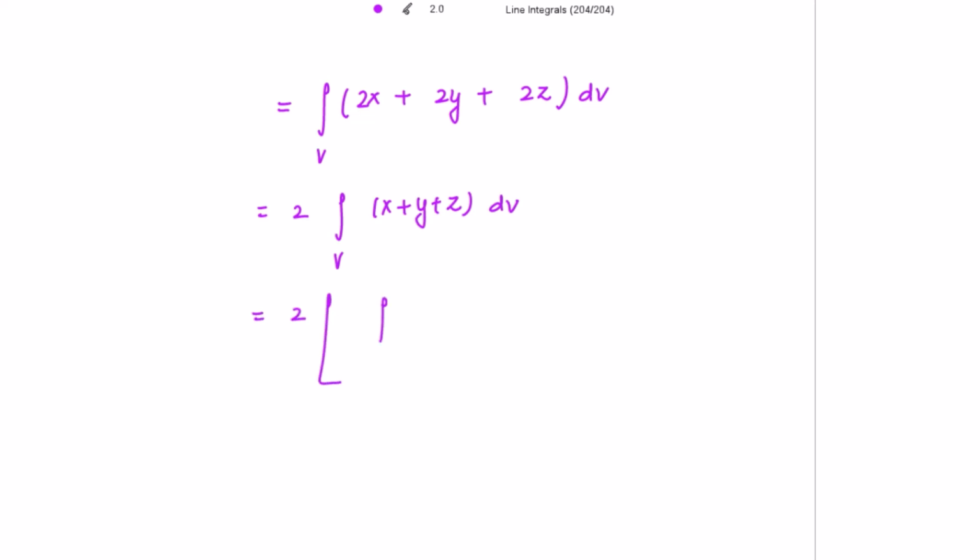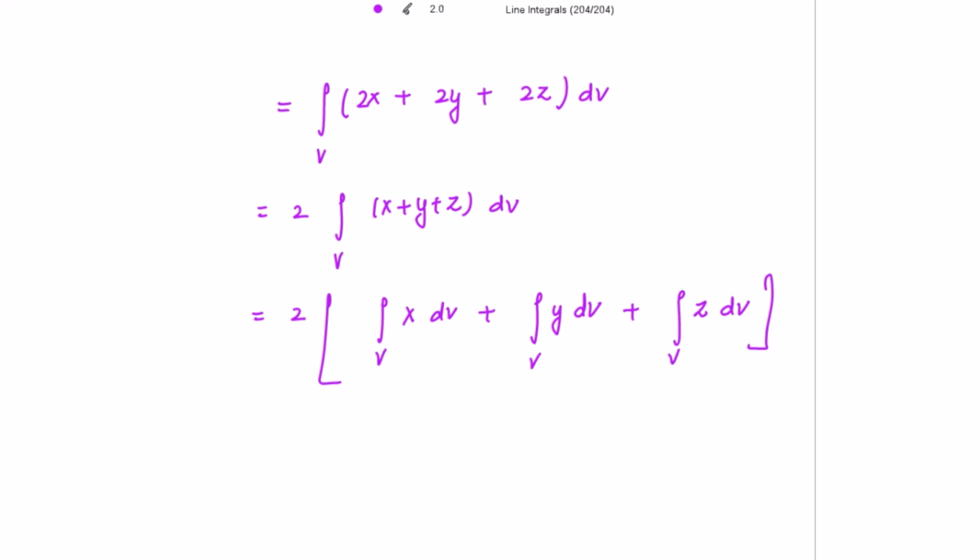So this is equal to the volume integral of 2x plus 2y plus 2z dv. Taking 2 common, we get the volume integral of x plus y plus z dv. That is equal to twice of, separating the terms, volume integral of x plus volume integral of y plus volume integral of z.